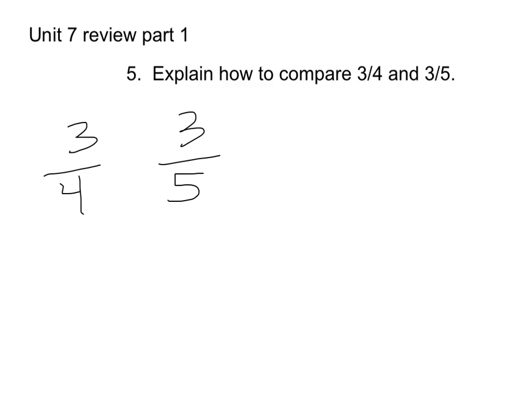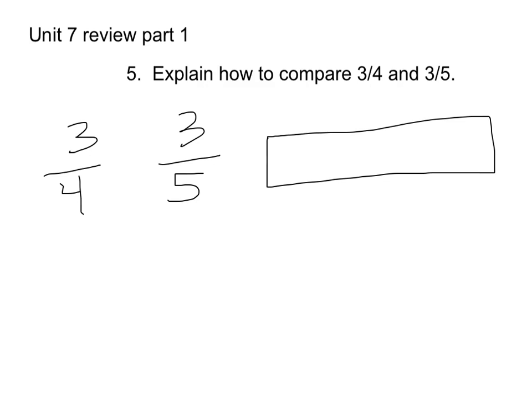Now the thing that is important here, if I'm explaining, is to explain that even though we have the same number of pieces, so it might seem like it's equal, because in whole numbers 3 is equal to 3, what we have to look at is the size of the pieces, right?